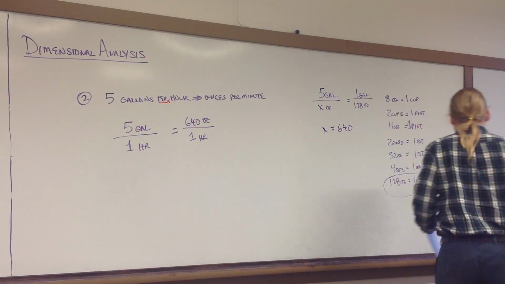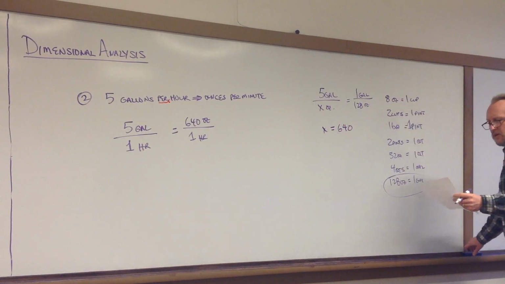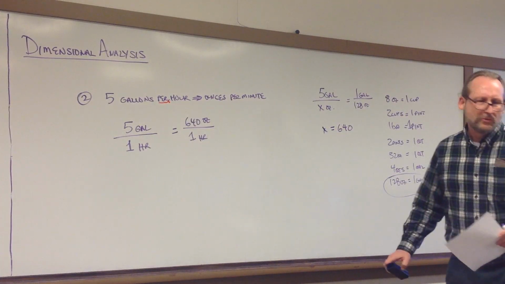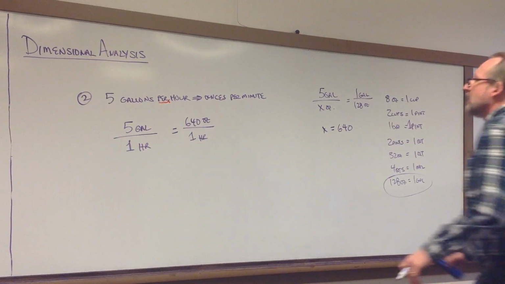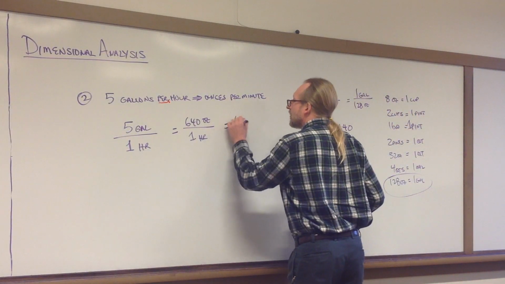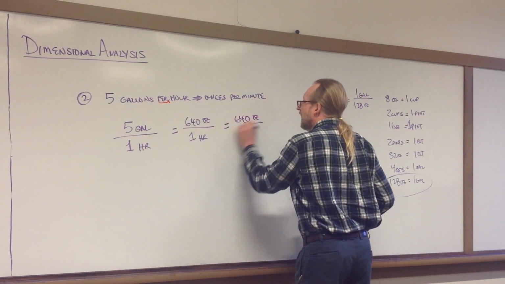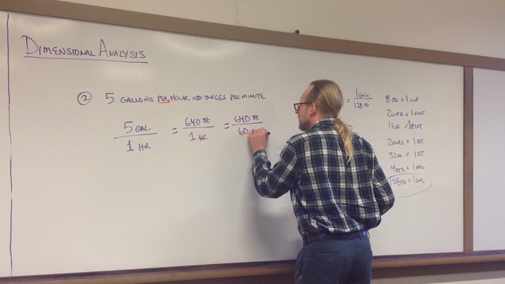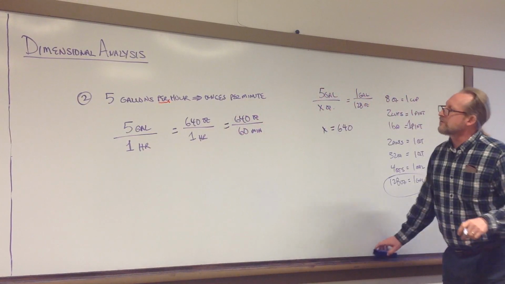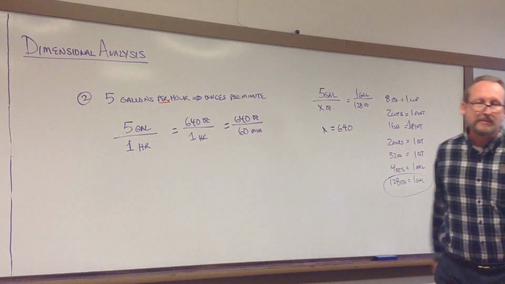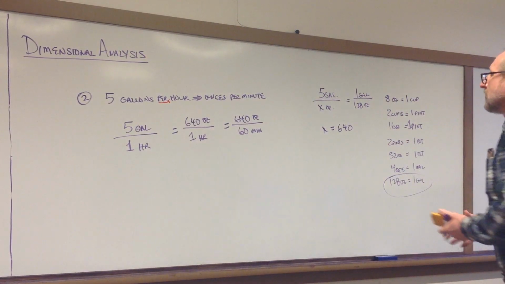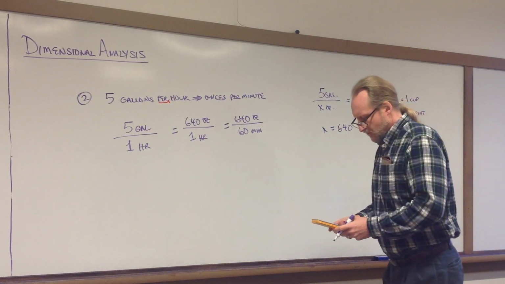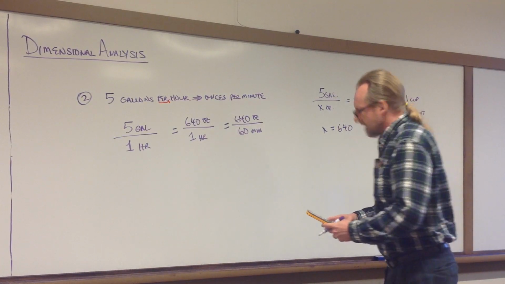Okay, so now we need to go back and convert the hour into, what is it, minutes. Well, that's pretty straightforward, right? 1 hour is 60 minutes. So now we've got 640 ounces in 60 minutes, and so all we have to do now is divide those two. 640 divided by 60.